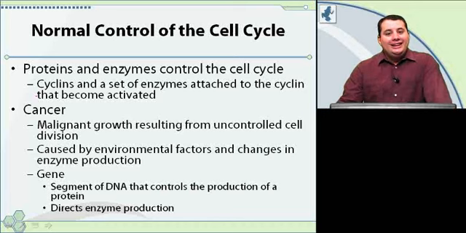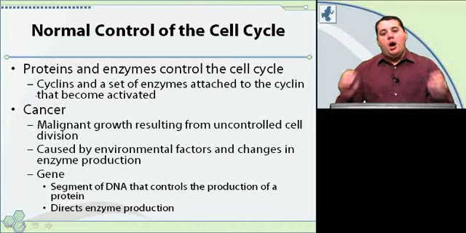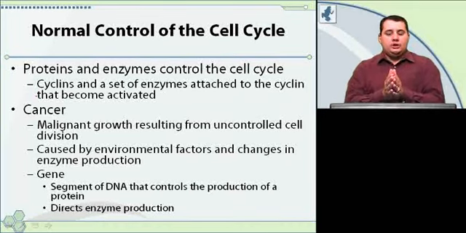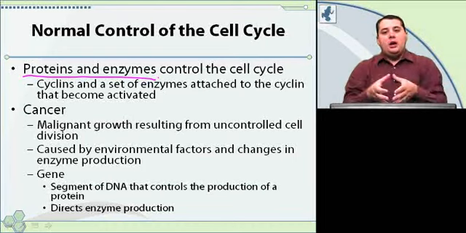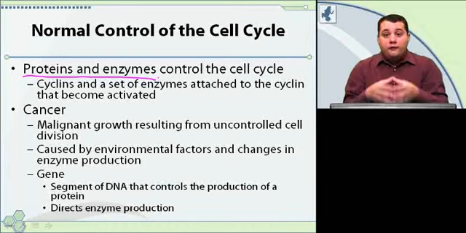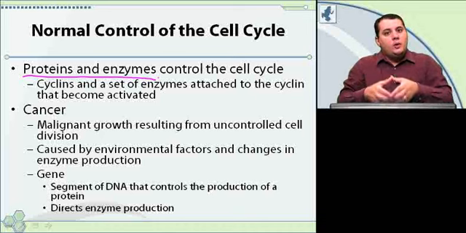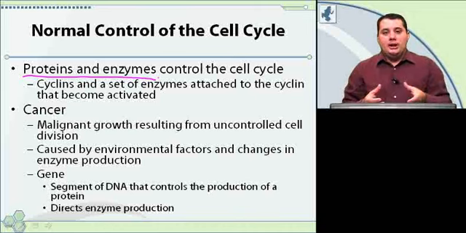Cancer is malignant growth resulting from uncontrolled cell division. If something goes wrong with these proteins and enzymes that control the cell cycle, that cell is going to become confused. It is not going to know what stage it's in.